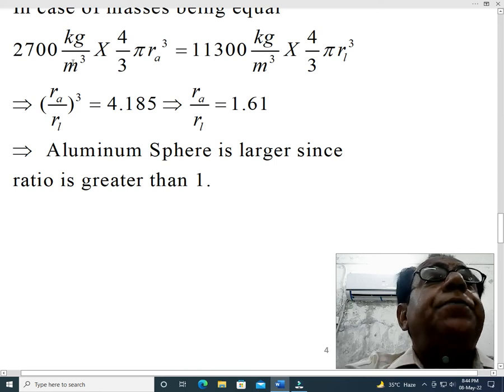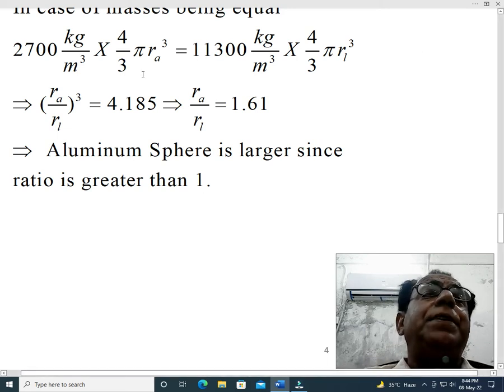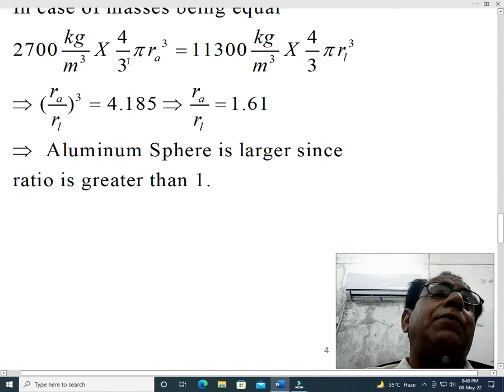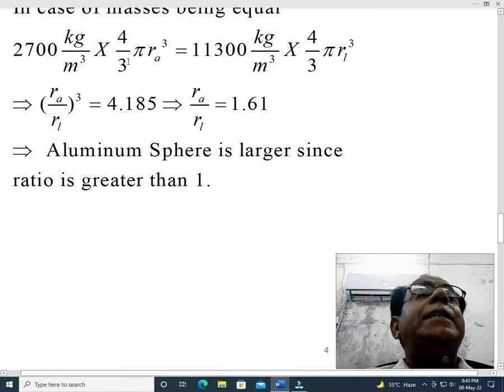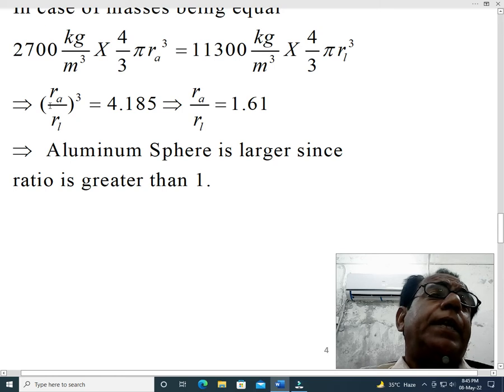Next, we multiply both sides by 3 by 4, so 4 by 3 will also be eliminated from both sides. Next, we divide both sides by pi, then pi will also be eliminated from both sides.